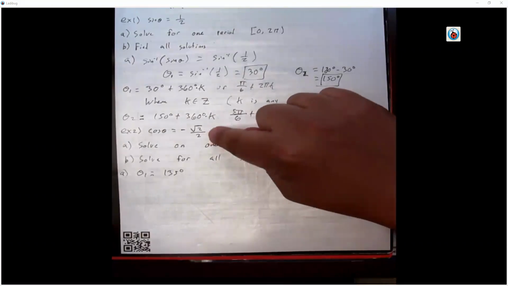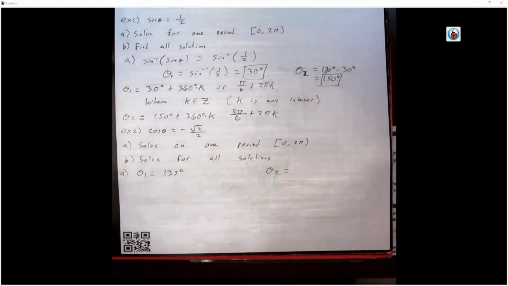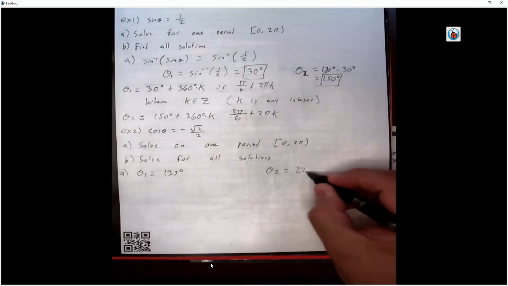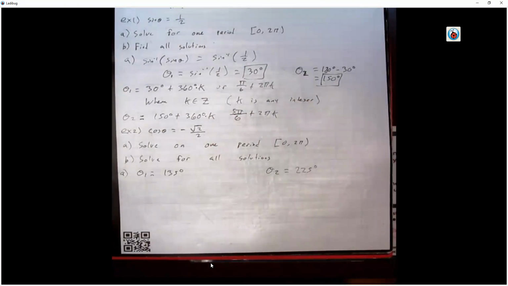Where is cosine negative square root 2/2? Yeah, I think that's it. Yeah, that's all we're doing.